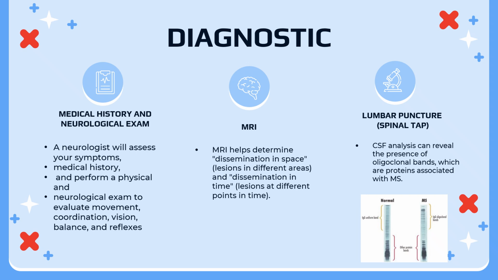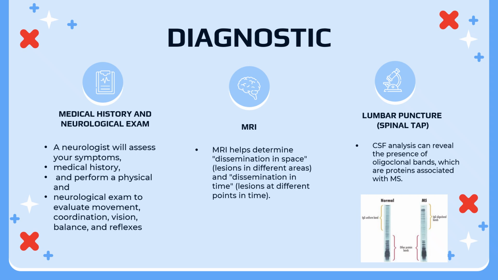A neurologist will be able to easily identify the symptoms with the help of a medical history and physical examination, especially the ones done to test balance, vision, and reflexes. He will confirm with the help of an MRI. MRI will help him determine the dissemination in space, that is the lesions, the scars that I told you, and the dissemination in time, the DIS and the DIT.